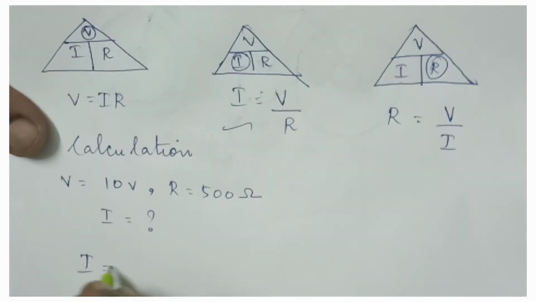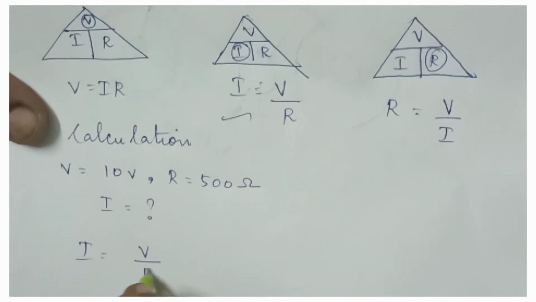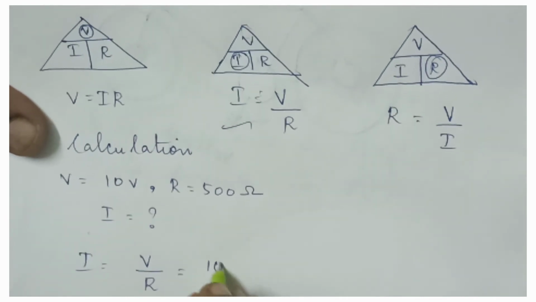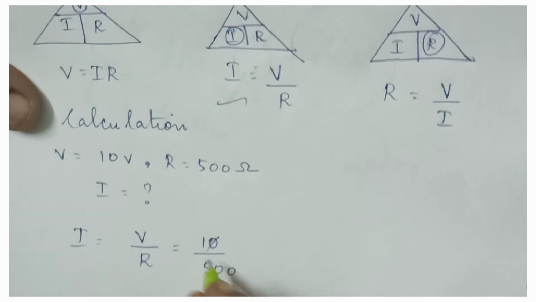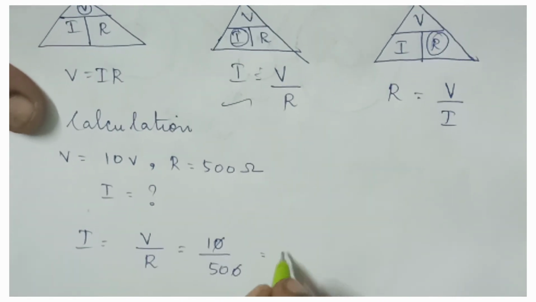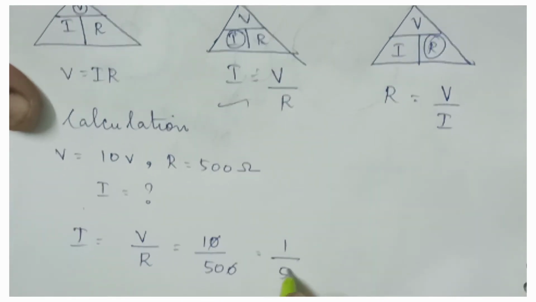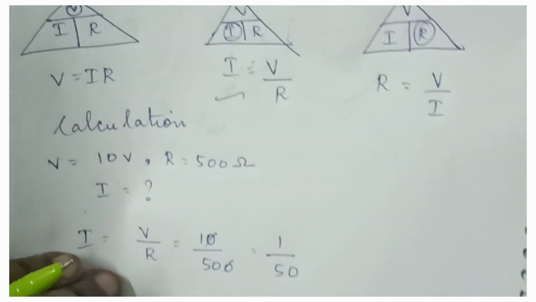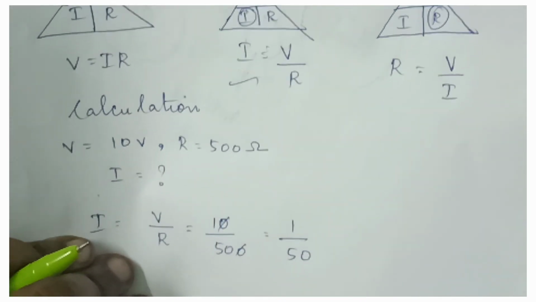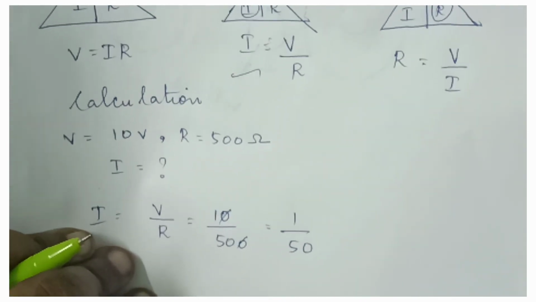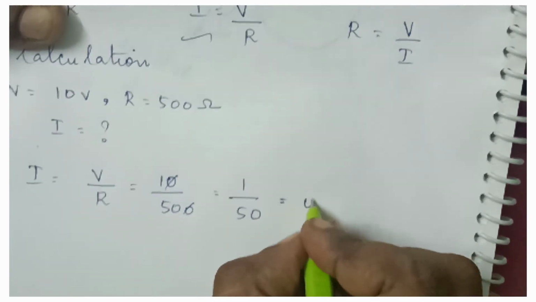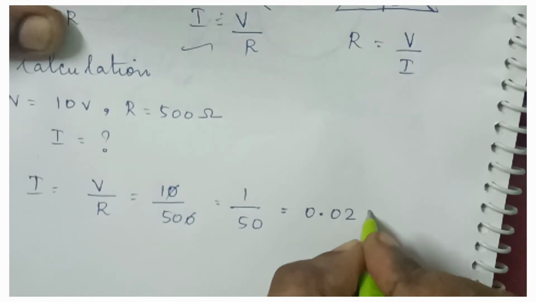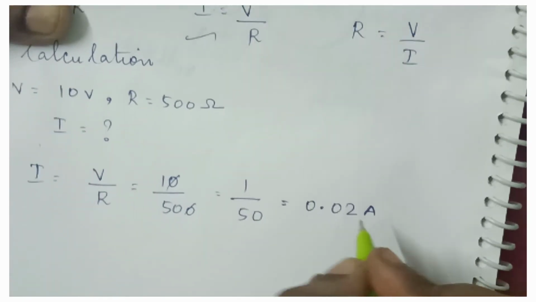So I is equal to V by R. The value of V is 10 volts and the R value is 500. So when we divide 10 by 500, the answer will be 0.02 ampere.